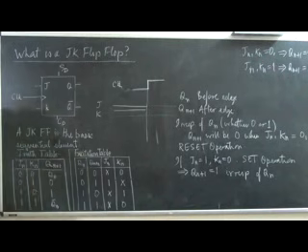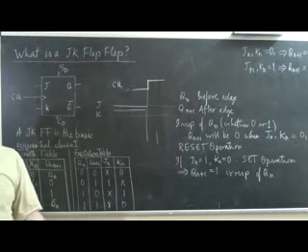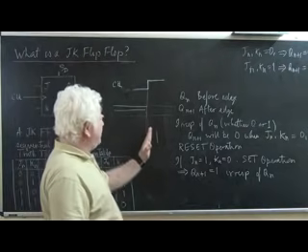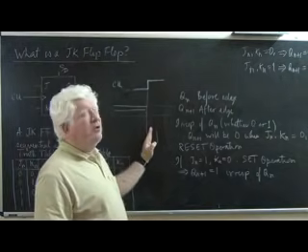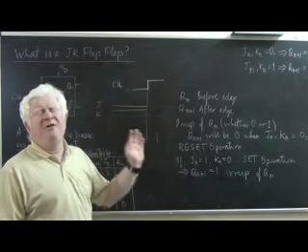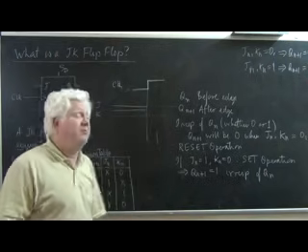Qn plus 1 represents the new output subsequent to the clock edge as determined by the values of Jn and Kn. So the inputs are changed before this point. The output is affected after this point. That's the fundamental important part to understand about flip-flops.